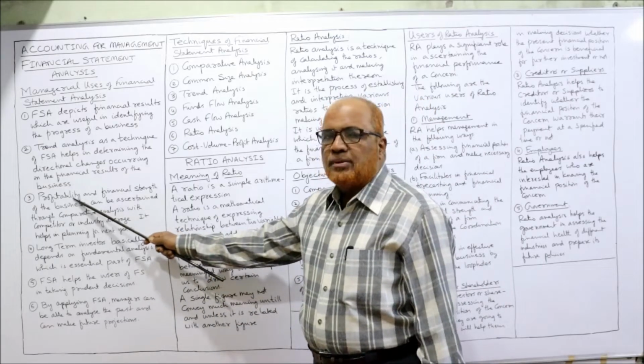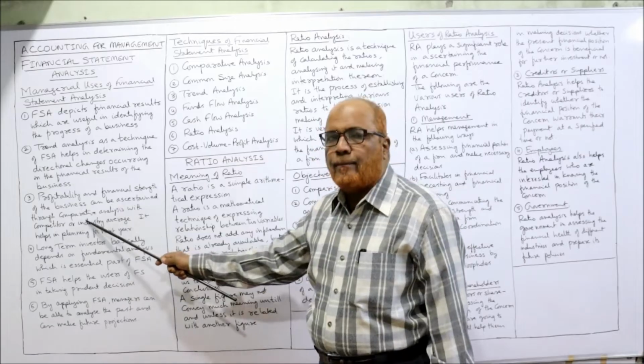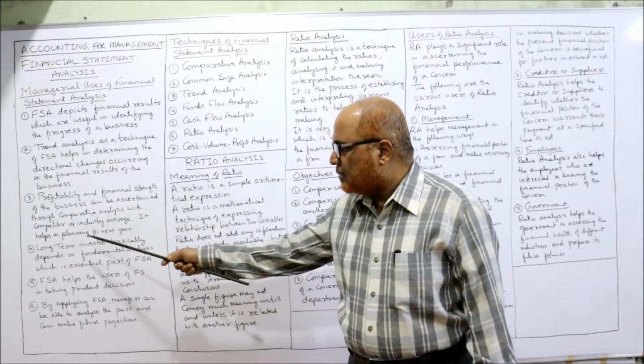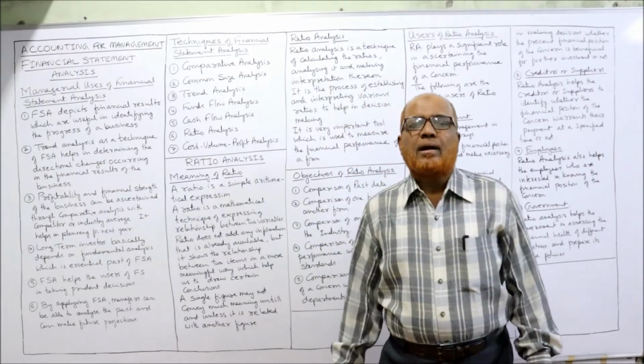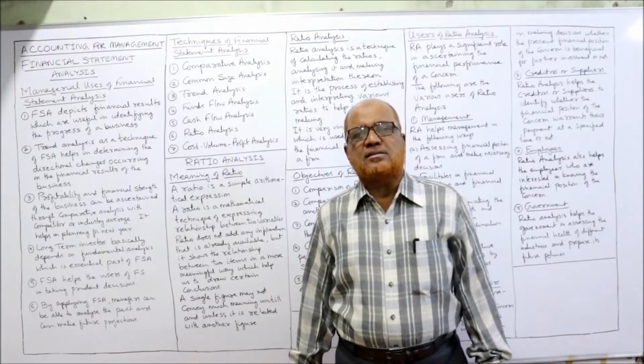Next one, profitability and financial strength of the business can be ascertained through comparative analysis with competitors or industry average. It helps in planning for next year. Comparative analysis is also one of the techniques of financial statement analysis.